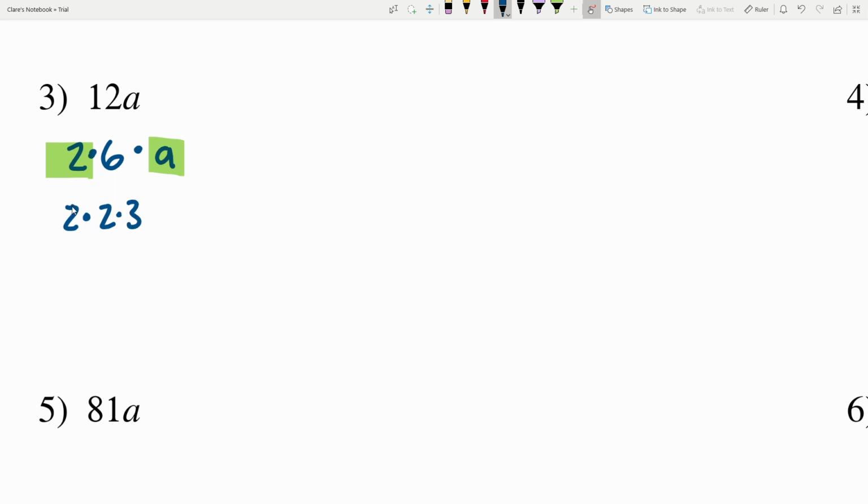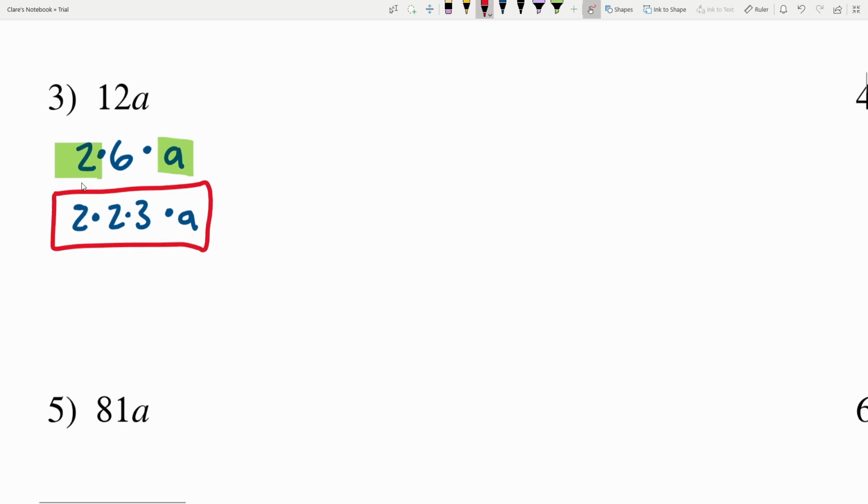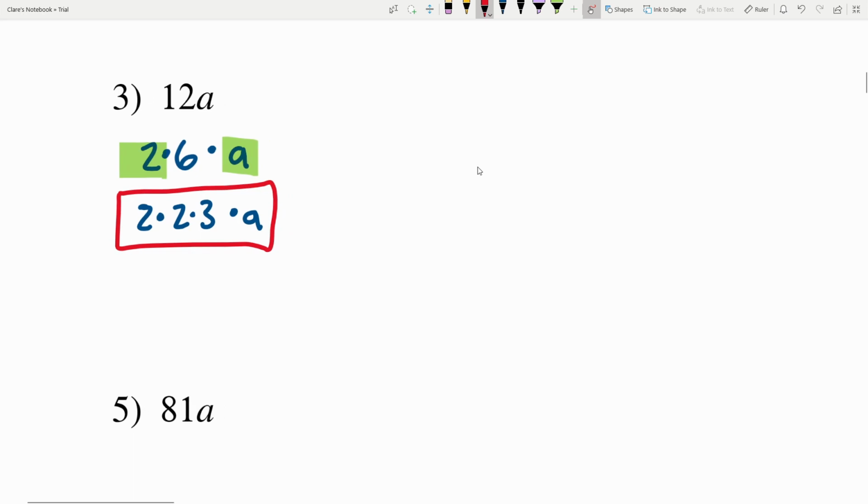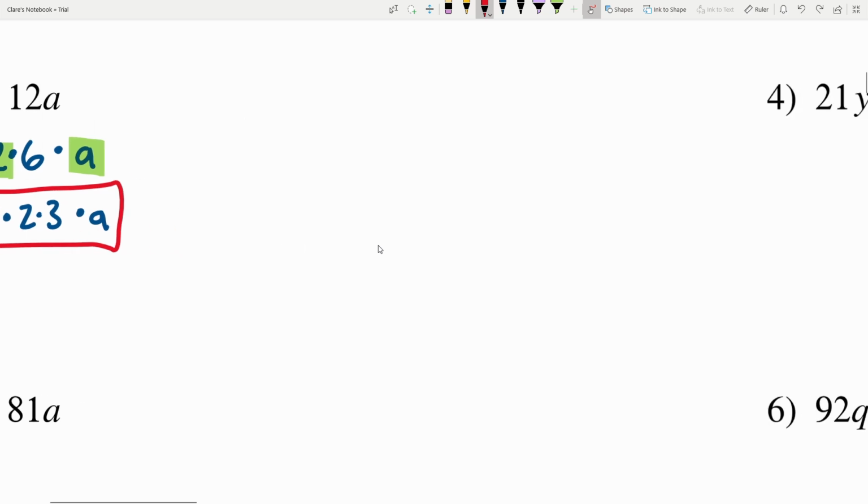So I have 2 times 2 times 3 times a. That's my prime factorization of number 3. 2 times 2 times 3 times a. If we were using exponents, this would be 2 squared times 3 times a, because I have 2 2's. But we're not, so we're going to leave it as 2 times 2 times 3 times a.